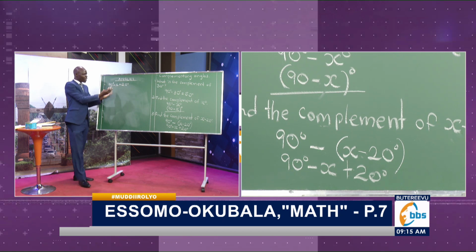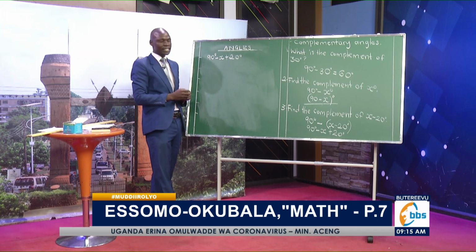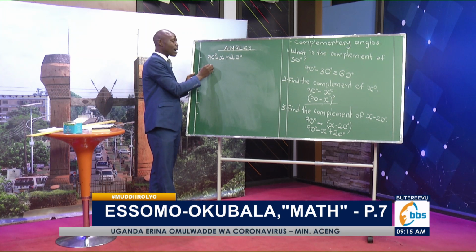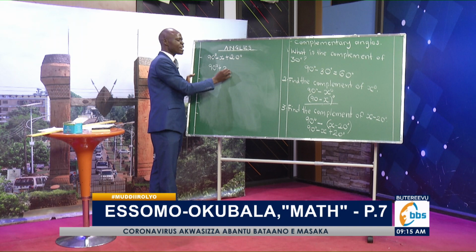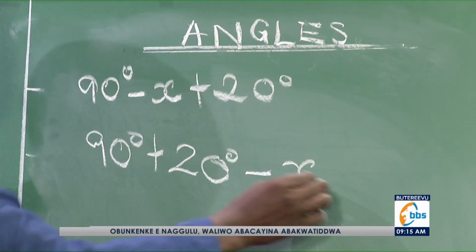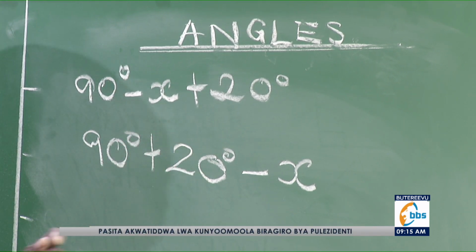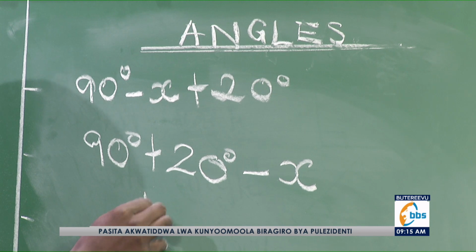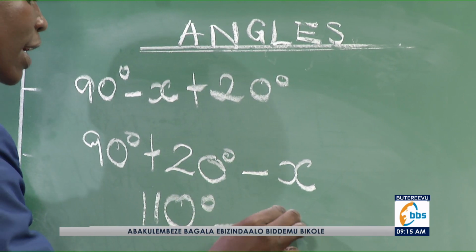So we shall try to collect the like terms here, whereby we shall bring this 20 degrees closer to 90, and we take away x. So 90 degrees joins with plus 20 degrees minus x. When you get 90 degrees plus 20 degrees, you will get 110 degrees minus x.